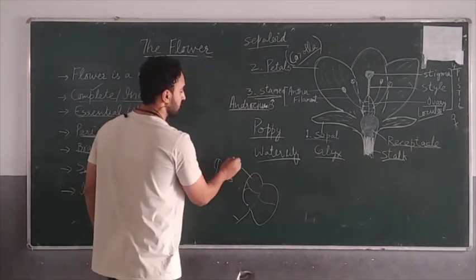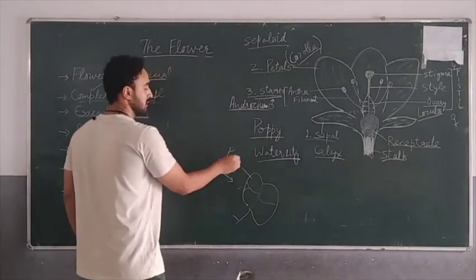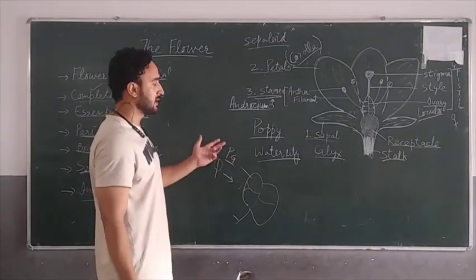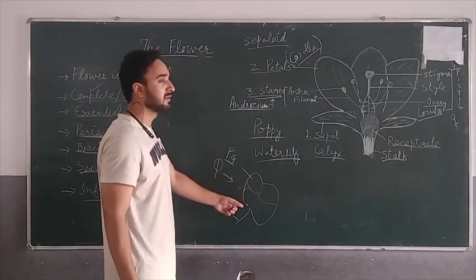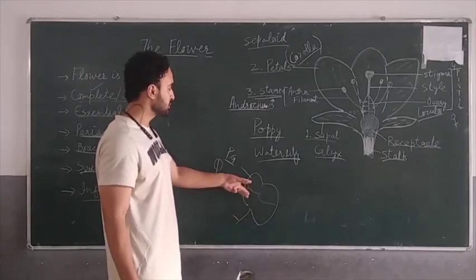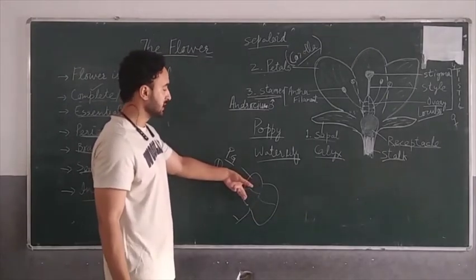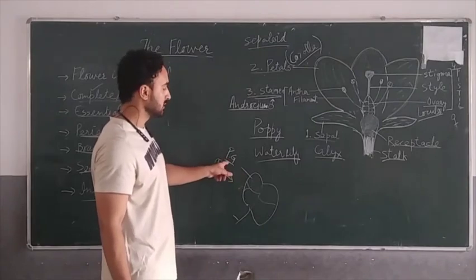We call them pollen grains. PG, I will write here, stands for pollen grains. So pollen grains are the male gametes present in the pollen sacs of the bilobed anther. Anther has 2 lobes and each lobe has 2 pollen sacs, and in the pollen sacs are present the male gametes or pollen grains.